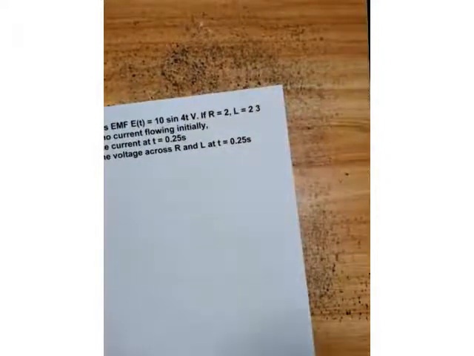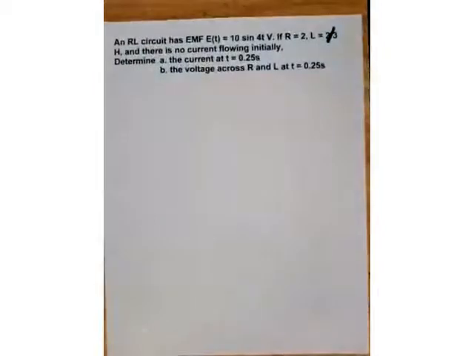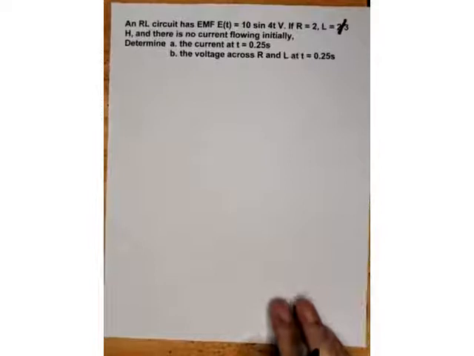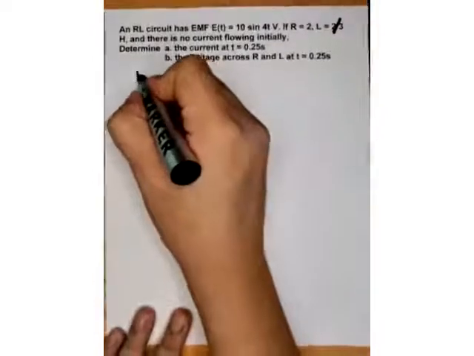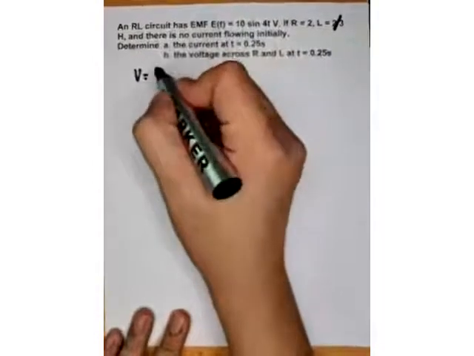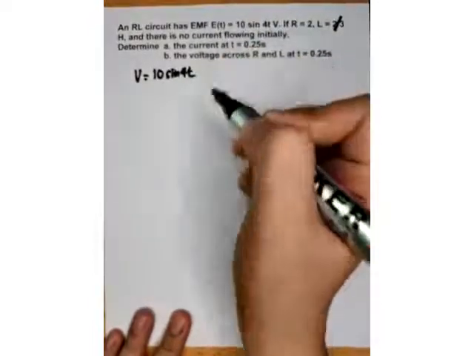It's not 23. Okay. So we are given an RL circuit again, wherein the initial voltage is in terms of time, so that's 10 sine 40.